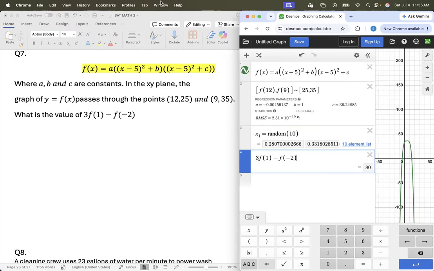We said based on our algebra that we calculated, let's do the same calculation that we already had. We said what? F of 1 is 35. So 3 times 35 minus f of minus 2 is 25. And f of 2 minus 2 is 25. And you get the same answer.